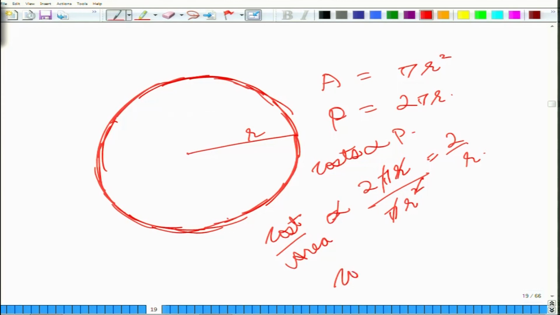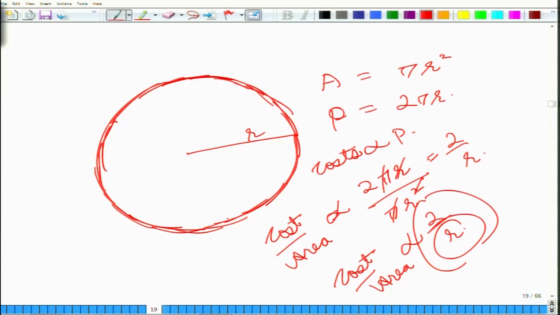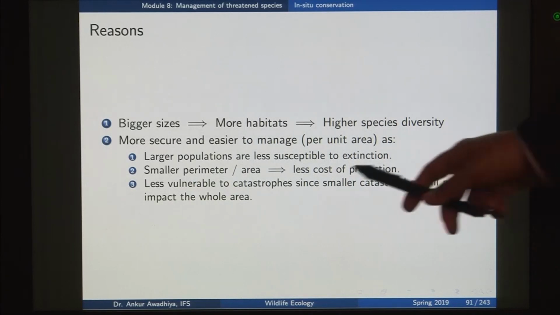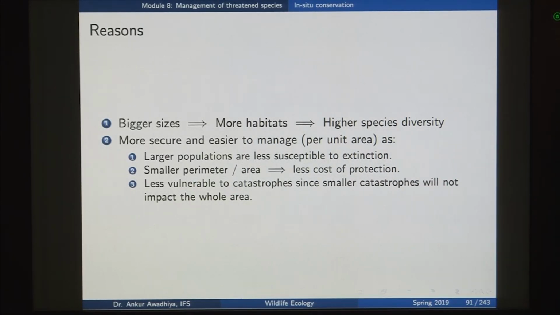So, your cost per unit area is proportional to 2 by r. Now, if you increase r, this value of 2 by r reduces. So, if you have more r, 2 by r is less, which means that you will have a lesser cost per unit area. So, the larger the reserve is, the less cost of protection per unit area.